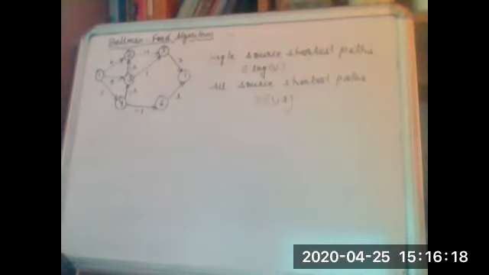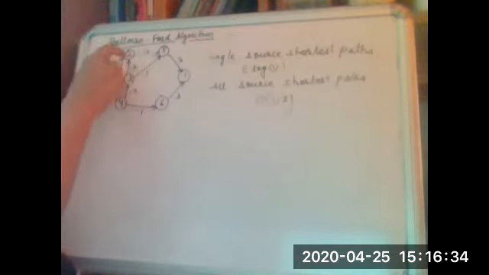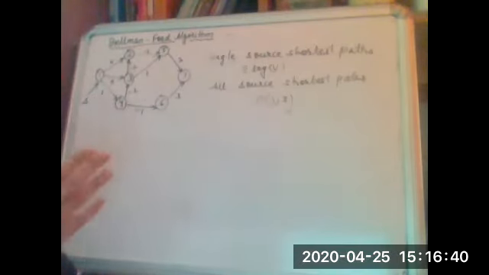So in this case, we have the source vertex as 1. Every time, it is first going to take one intermediate vertex, then two vertices, three vertices, and so on, till it moves on to n-1 vertices.